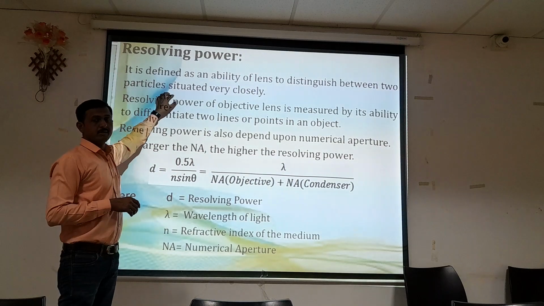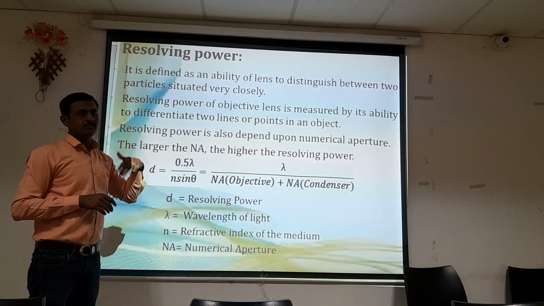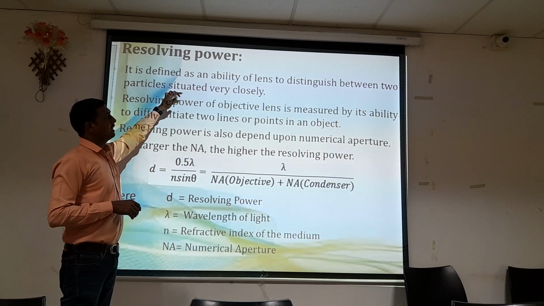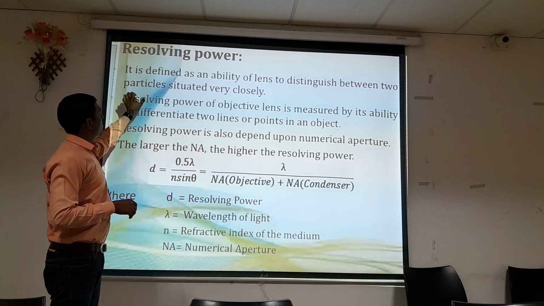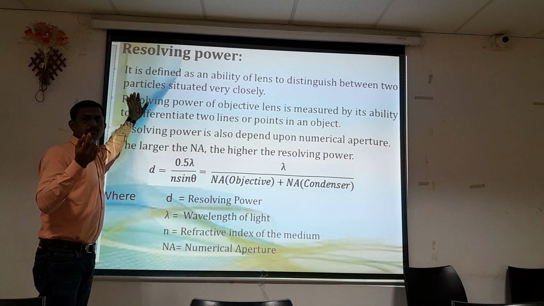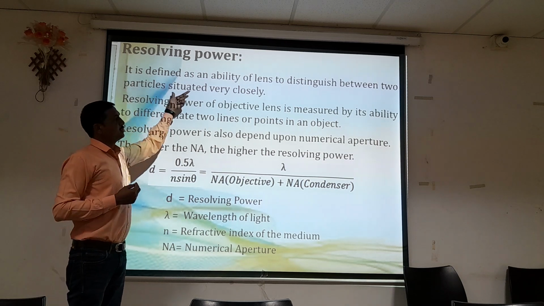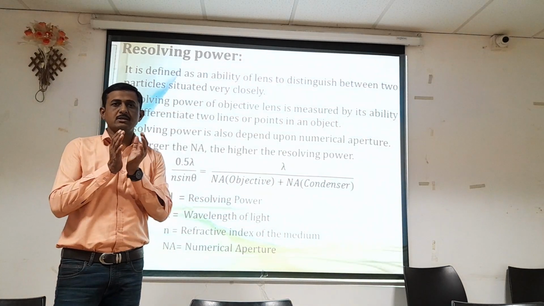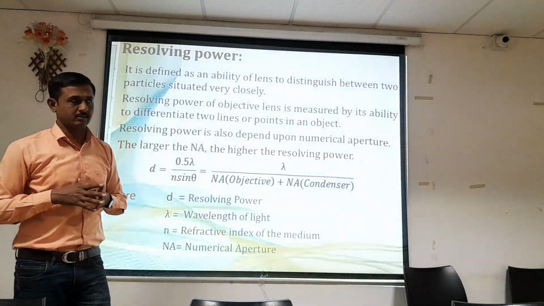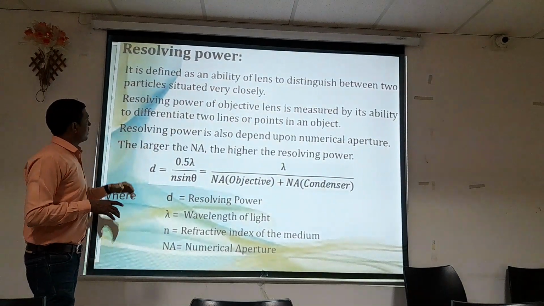So that is the ability, and the definition of resolving power is nothing but the ability of a lens to distinguish between two particles. We can say it is like two small dots situated very closely, but appearing separate, so we can distinguish them from one another. So it is nothing but resolving power.